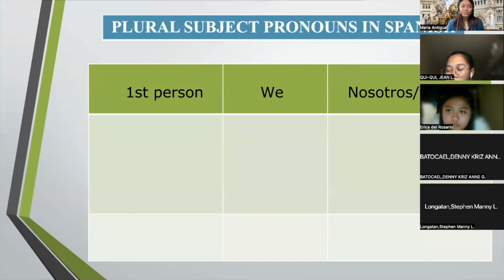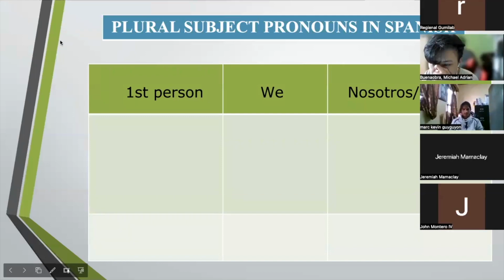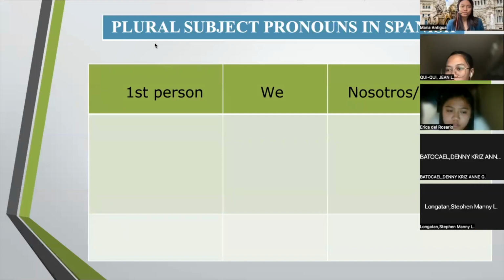What are you going to use? Is it nosotros or is it nosotras? If it's a mixture. Nosotros. Sí, okay. Claro, muy bien. Nosotros, okay? Right. So you only have to use nosotros. I hope you remember that.